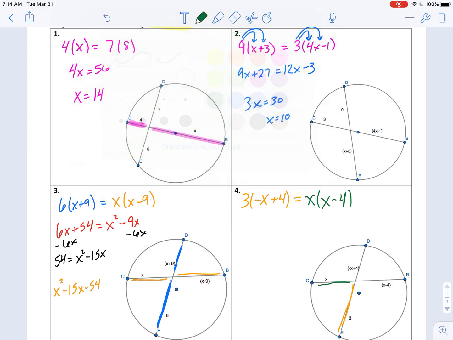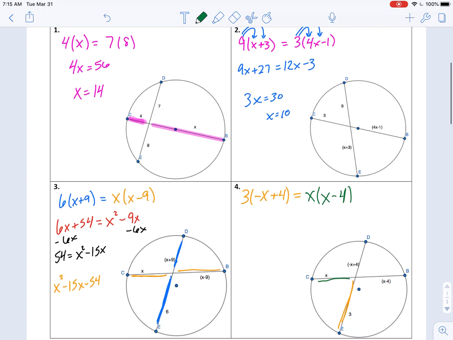And we're going to end up factoring this to solve. Really what we're trying to do is factor this. So anytime you get an x squared, do your best to set it up in this format so that we can factor and solve. And how do I factor these things? Well, anytime I've got a quadratic like this, I'm going to look for my factors of 54, or negative 54, that combine to get a negative 15.